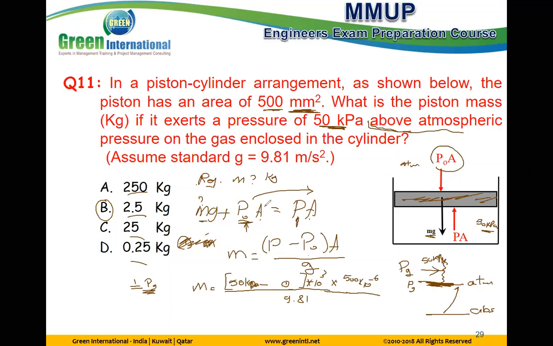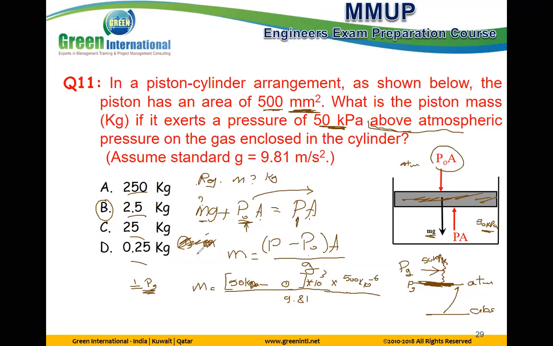If you use both as gauge, the first one is 50 because it is already gauge. But the second one, P naught, the gauge for atmospheric is 0 because this is the starting datum for gauge measurement. So I put 0.